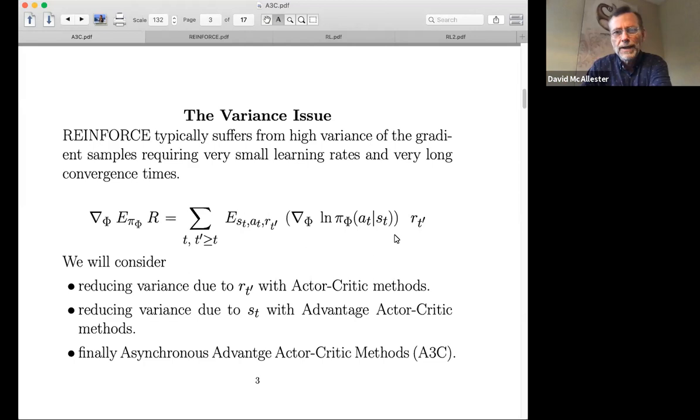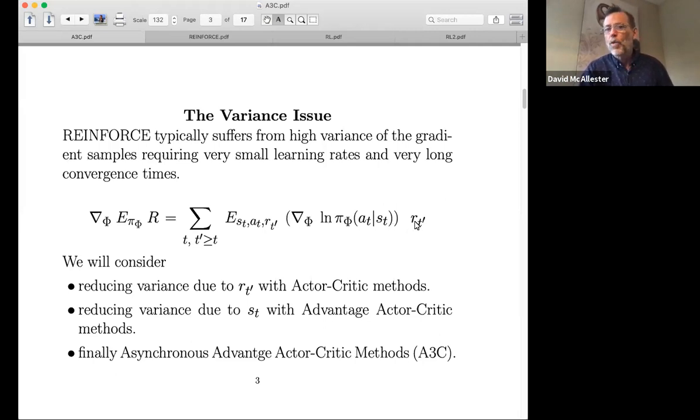What we're going to do in this unit is discuss various ways of reducing this high variance, making this converge more quickly. So we've got two T's here. This is the sum over a first time and a second time. At the first time, we're looking at an action that was selected at that time, and we're looking at the gradient of the log probability of that action.